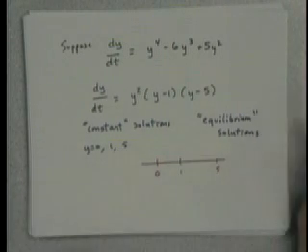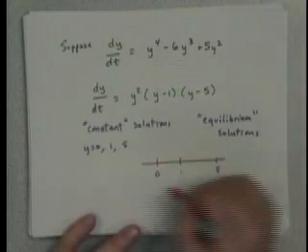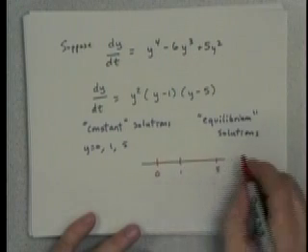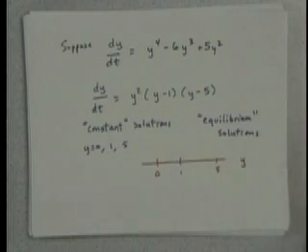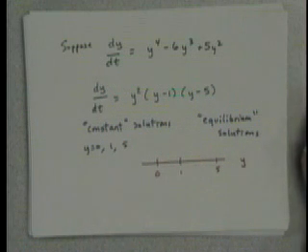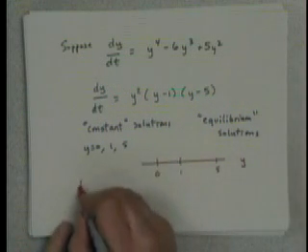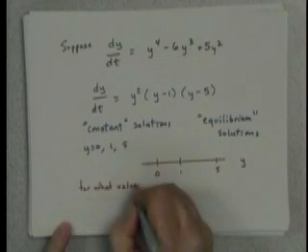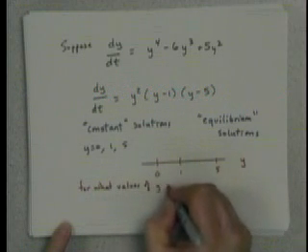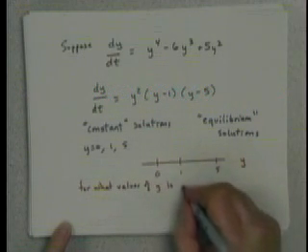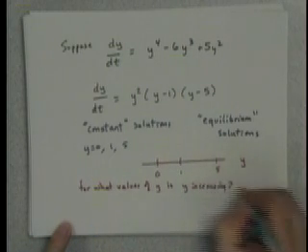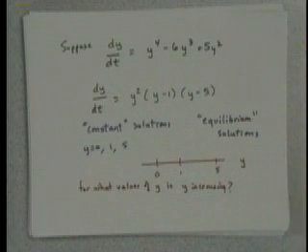But anyway, you might be asked, where is this graph, and this is y, where is the function increasing? For what values of y is y increasing, for instance? You might be asked a question like that.